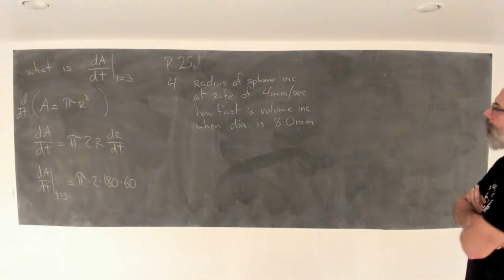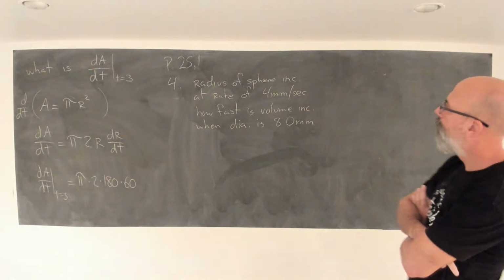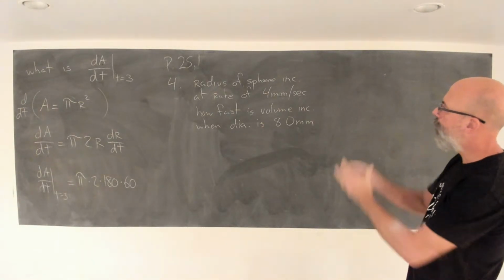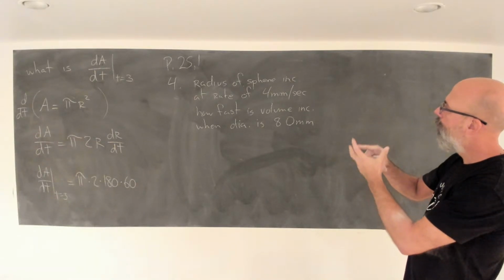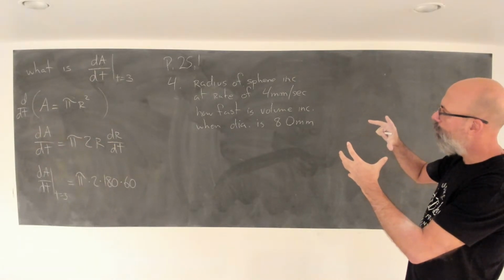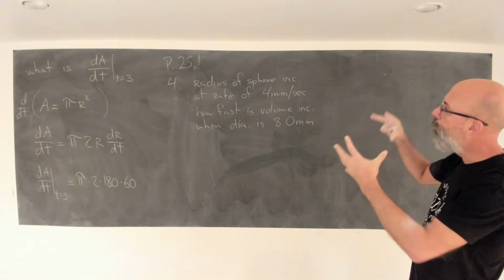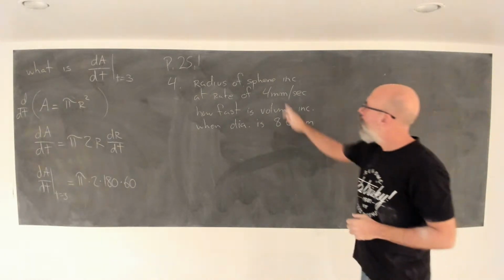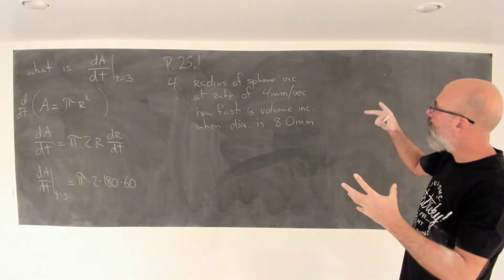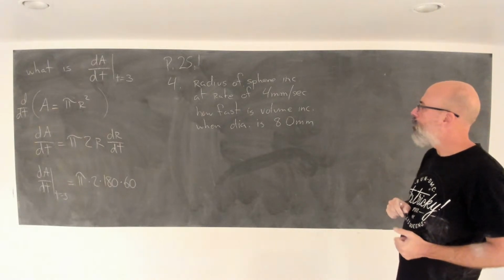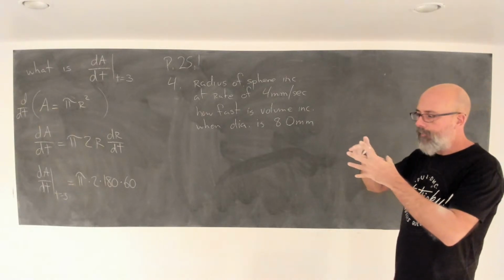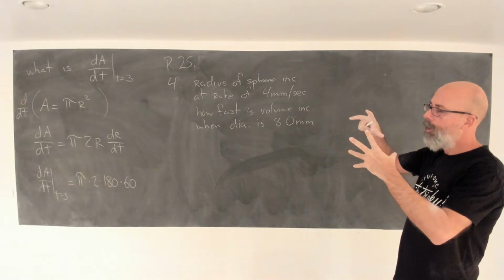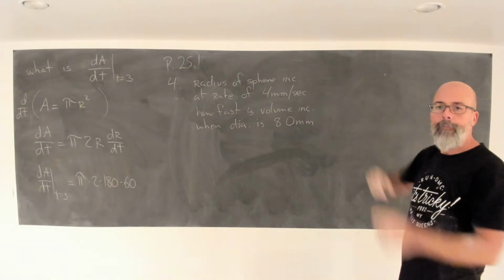All right. So you see what's happening, right? You've got this sphere, and the radius is getting larger and larger. Maybe a balloon that you're blowing up. And the radius is changing at a rate of 4 millimeters per second. So if the radius of the balloon is changing, so is the volume.